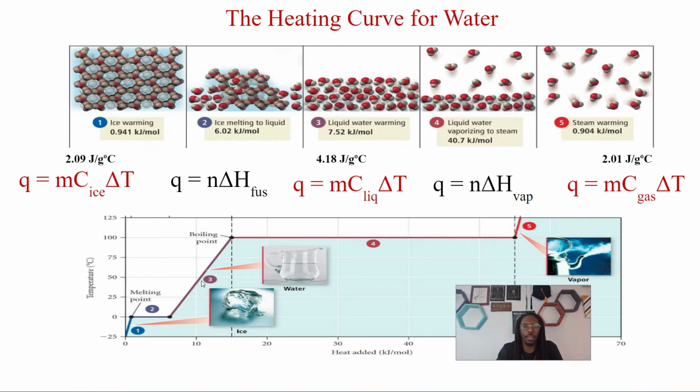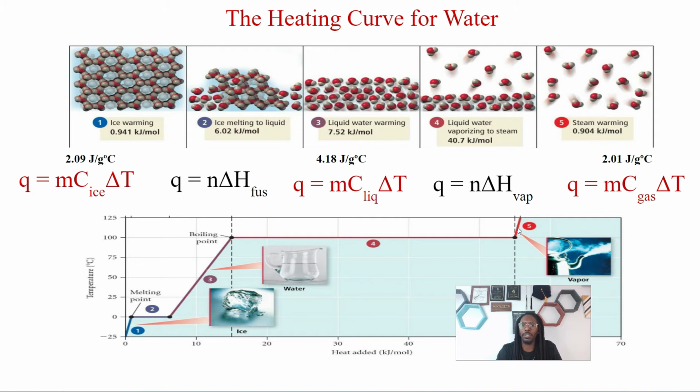Step 3, this is where our liquid starts warming up, gaining that energy. And then step 4, what do we see? This long step here is where the liquid water was vaporizing to steam. We can see a lot of energy was required for that.